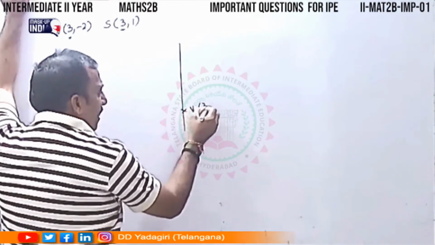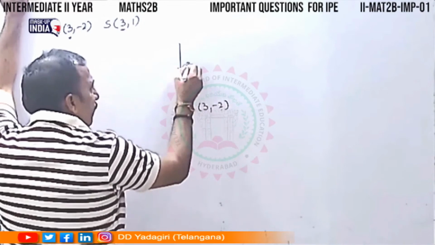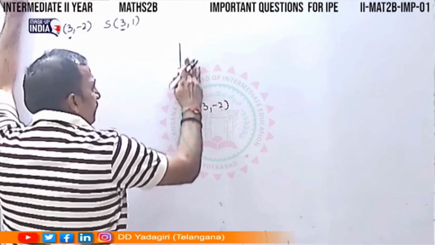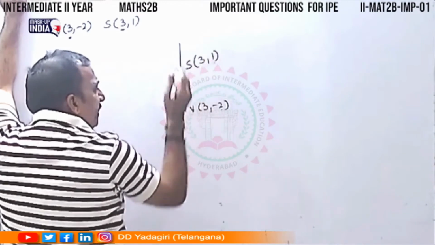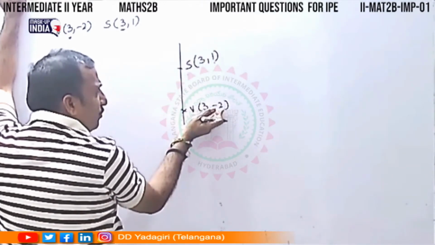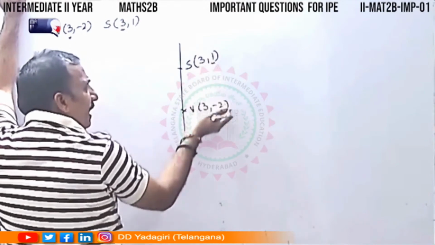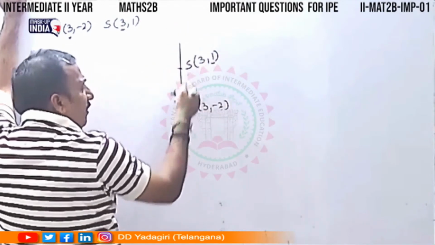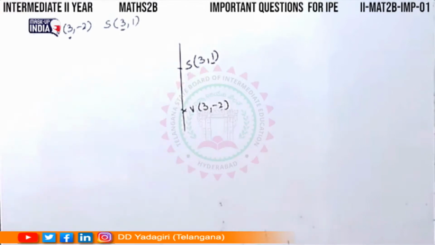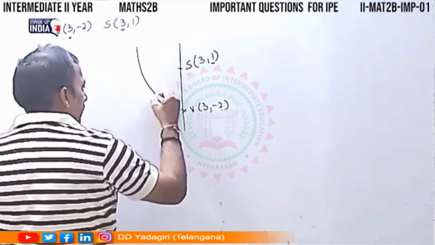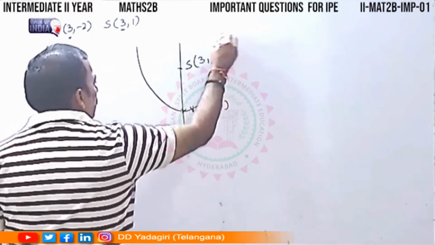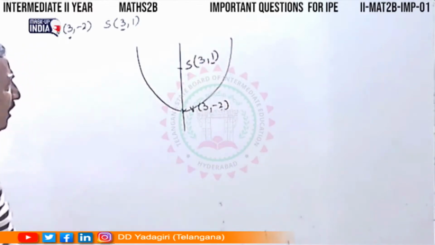Vertex is (3, -2) and focus is (3, 1). It is obvious that 1 lies above -2. Therefore, the focus lies above the vertex, and it is an upward parabola.